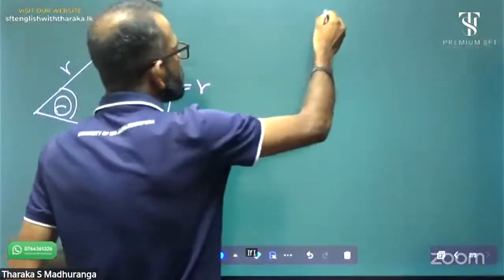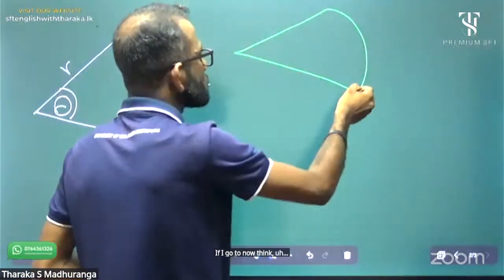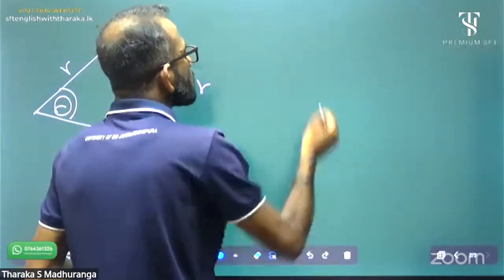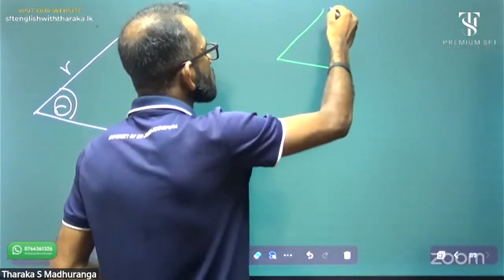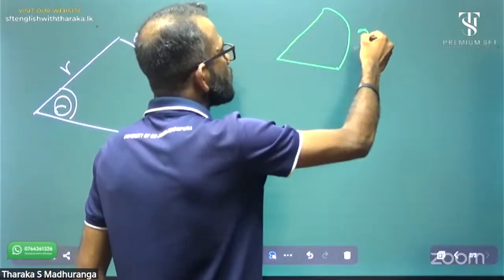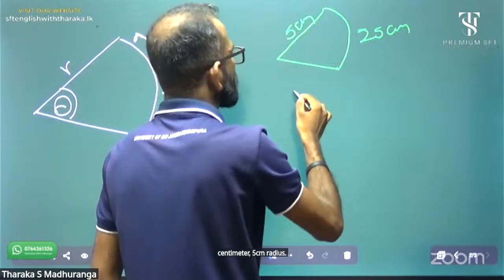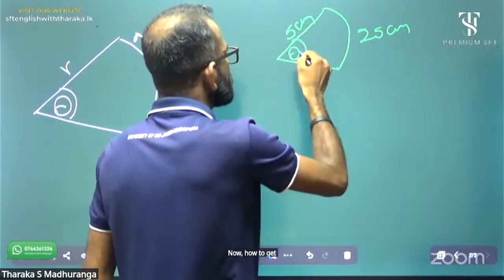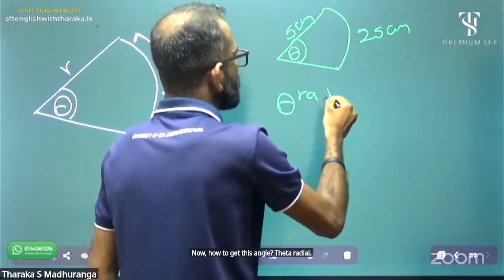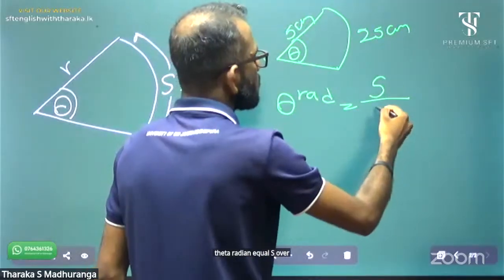Now think, if this arc length is 25 centimeter and the radius is 5 centimeter, how do we get this angle? Theta radian equals S over R, right?